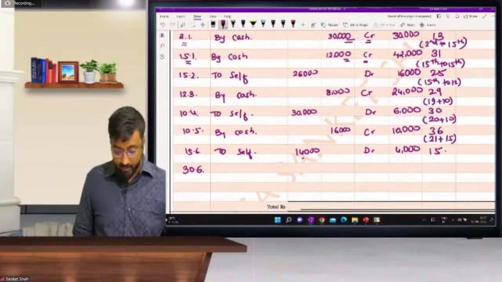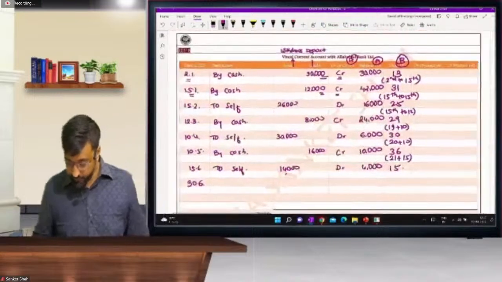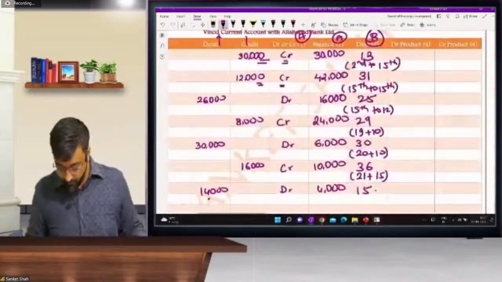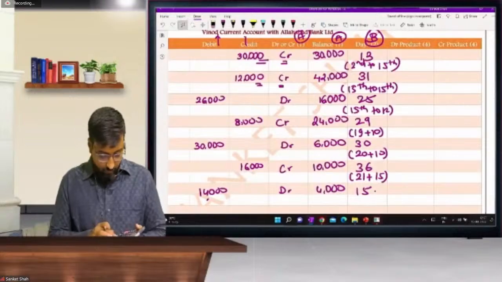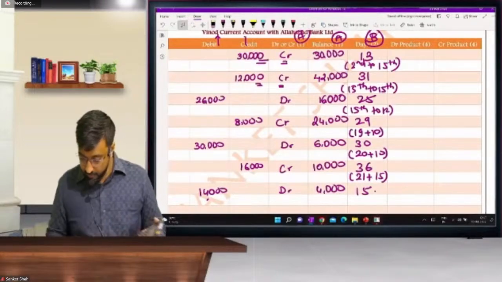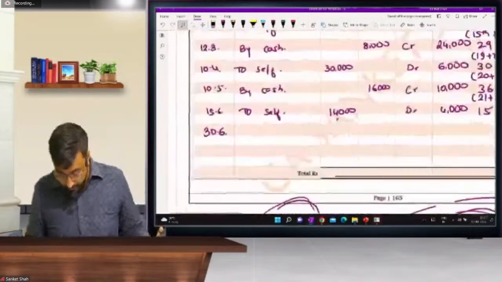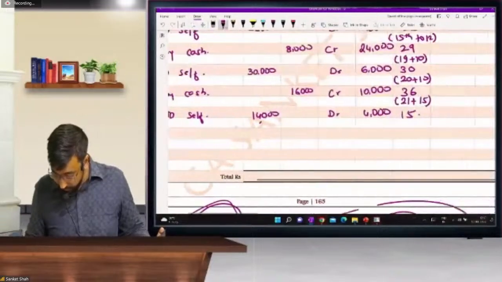And 15. Now we don't know exactly. Yes, 15 to 30 na.